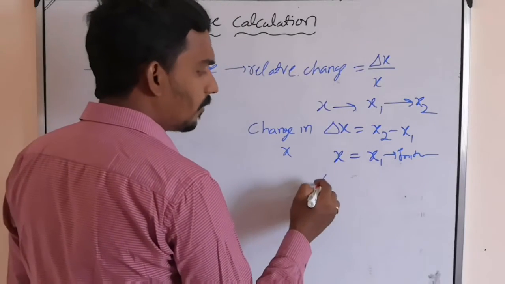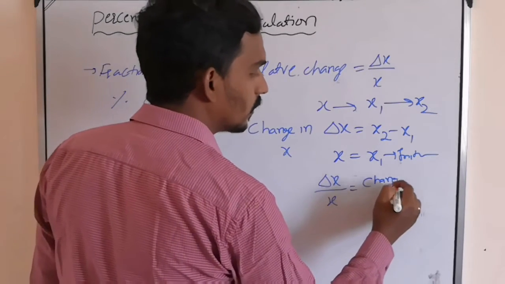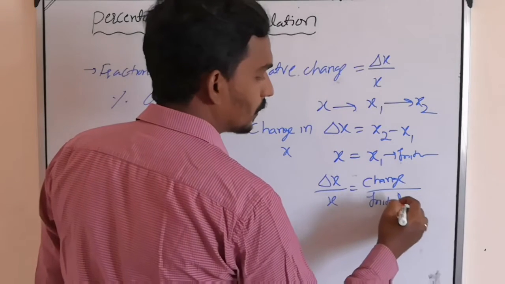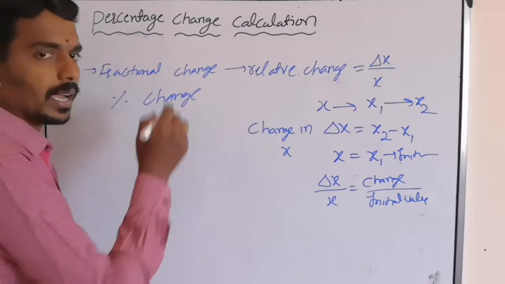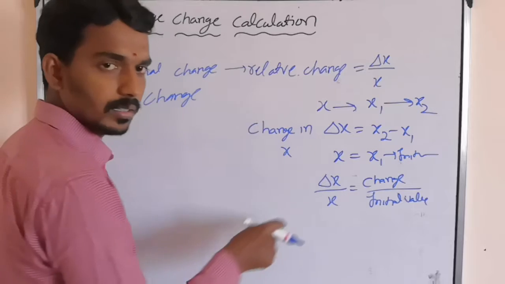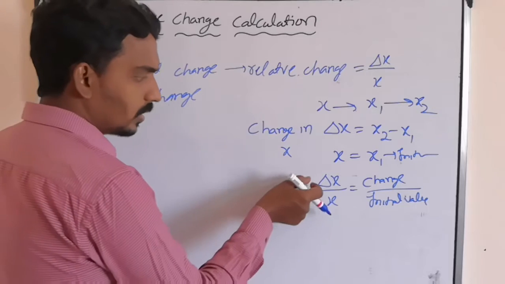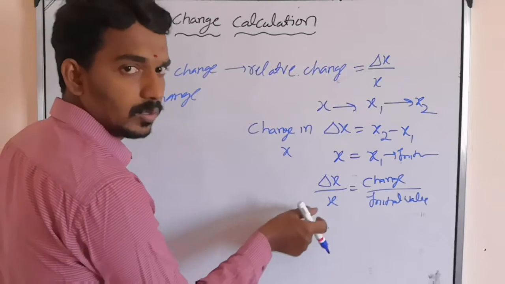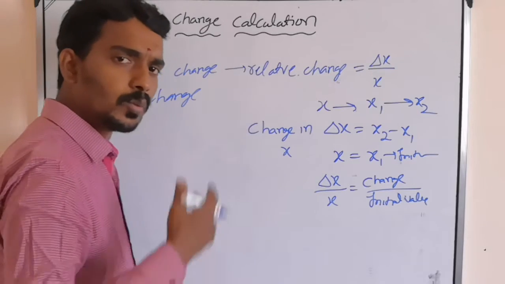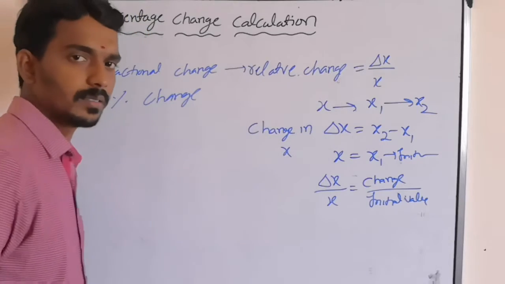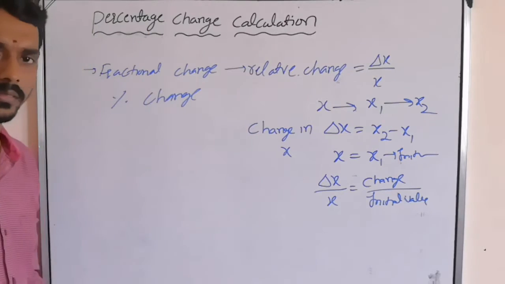So the ratio of change by initial value is called relative or fractional change. There is a fraction, that's why it is called fractional change. Or the change is related with the initial value, that's why it is also called relative change. You can say either relative change or fractional change.